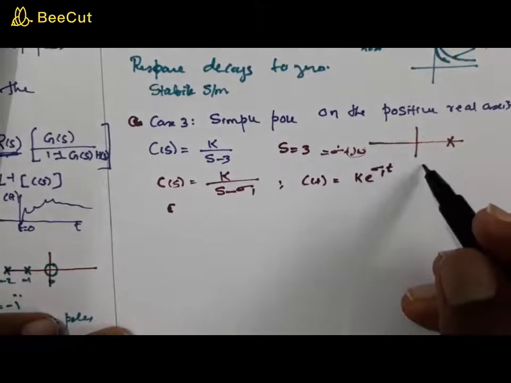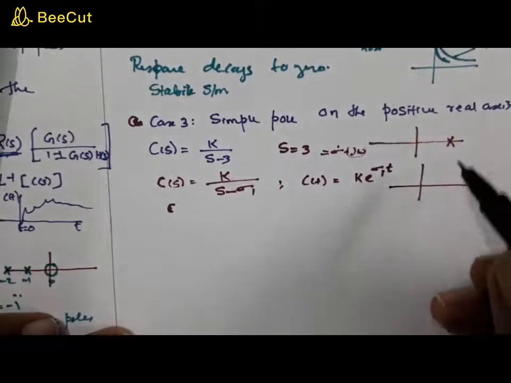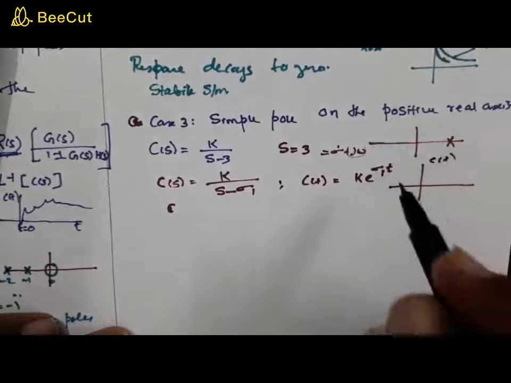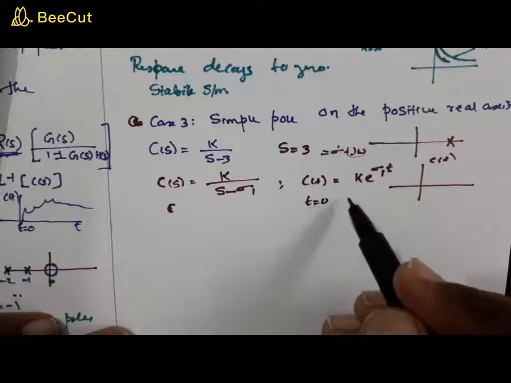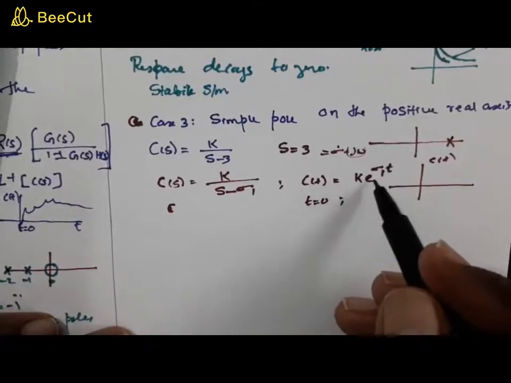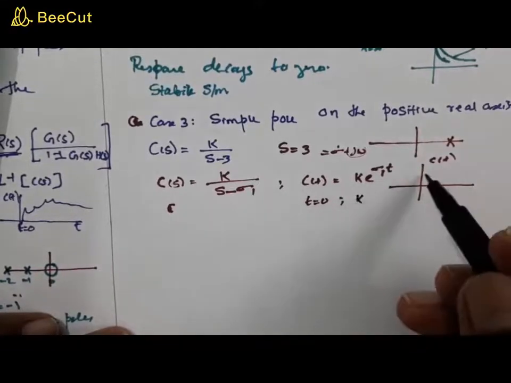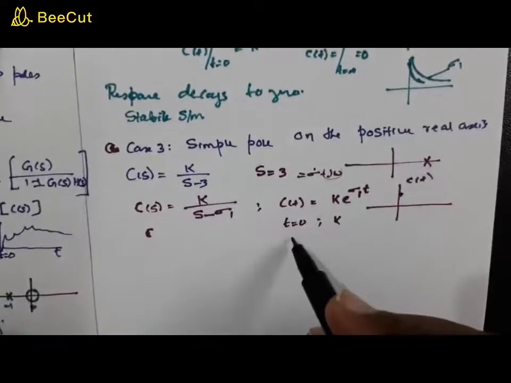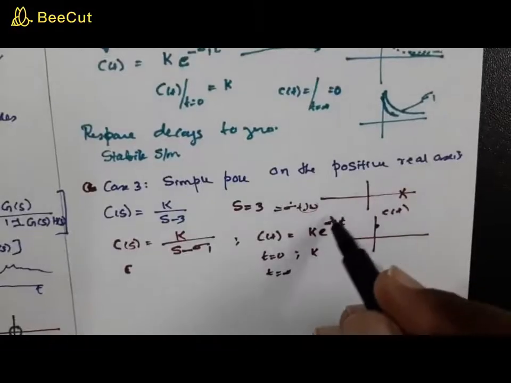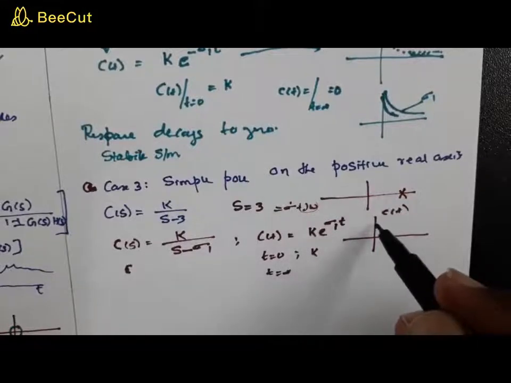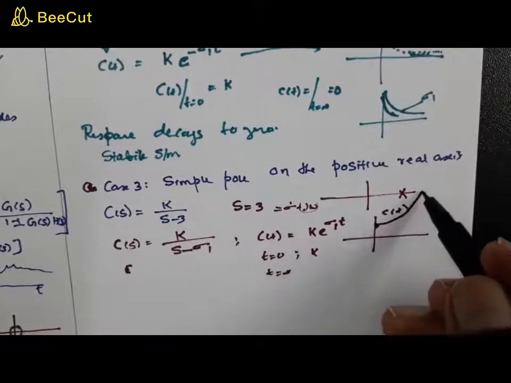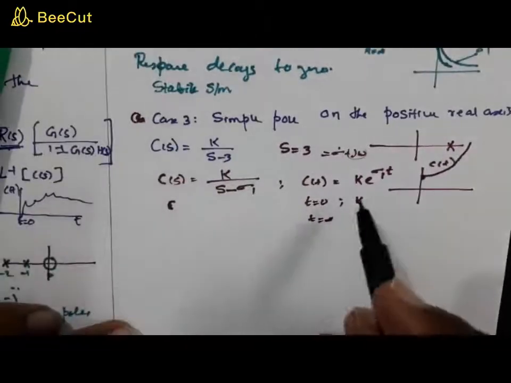When you draw C of t, at t is equal to 0, C of t becomes k, right? So it will start from k, but instead of decreasing, at t is equal to infinity, this is also a positive quantity, so there is no negative exponent. You're going to get a graph like this, it exponentially increases. So what does this suggest?